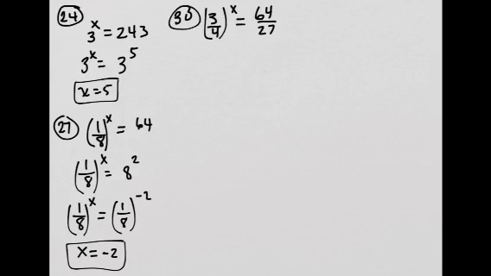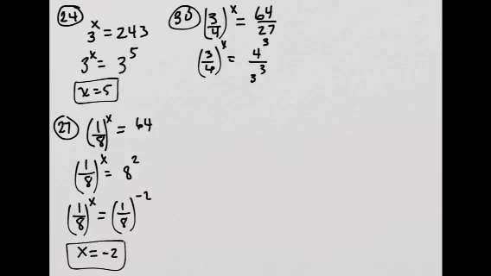So for number 30, I see that I've got 64 over 27 on the right side and 3/4 on the left as my base. So I'm going to go ahead and just write 64 in base 4. So that would be 4 cubed, and 27 base 3, so that would be 3 cubed.